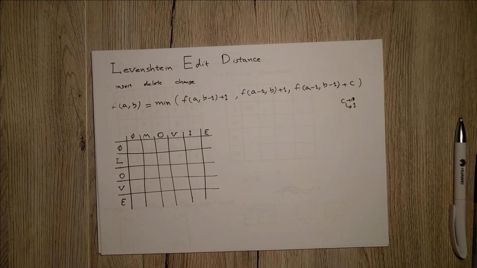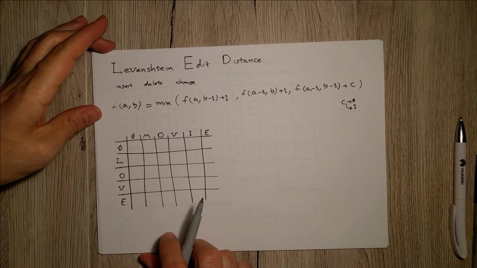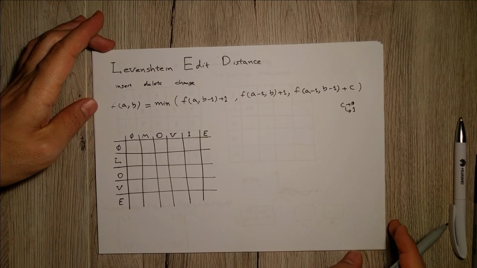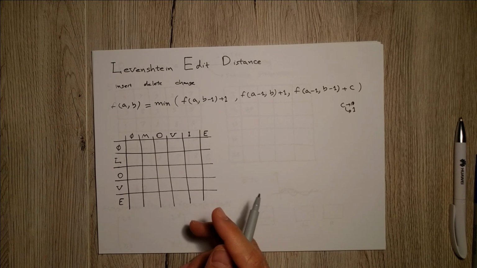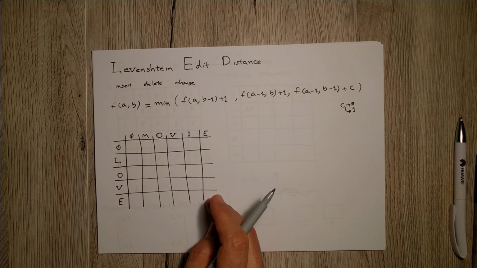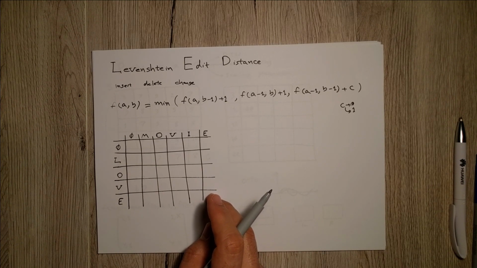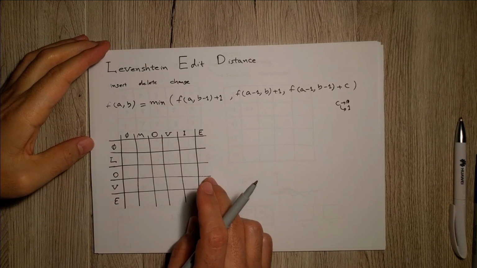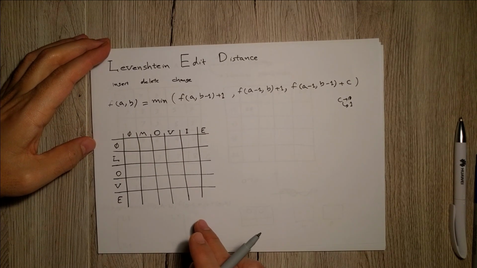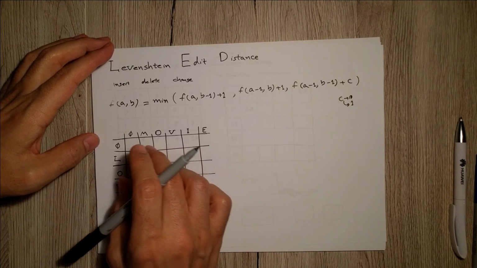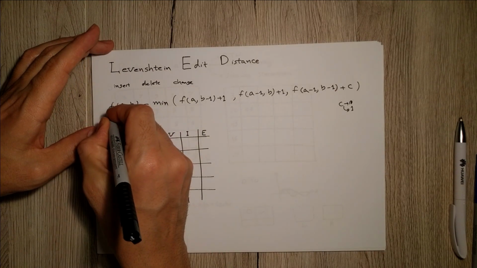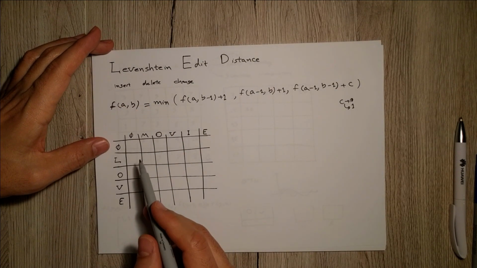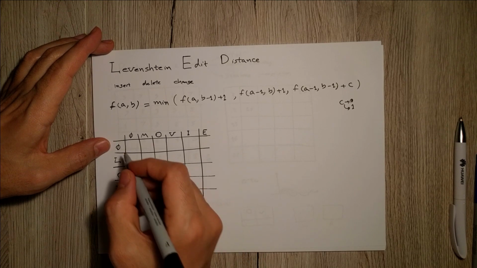So let's see how we gonna populate this table. We start from here, and we say, okay, the cost of being here again is the minimum cost of being here or here. So I have to pop back until I arrive at here. So the cost of comparing a null string with a null string is 0.